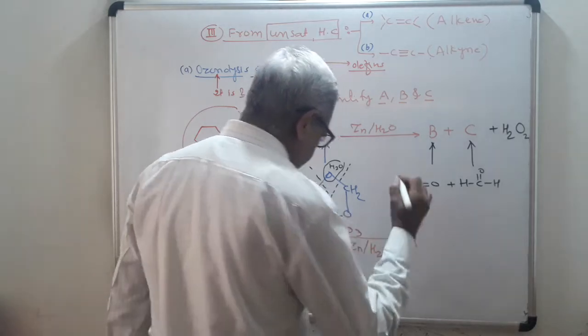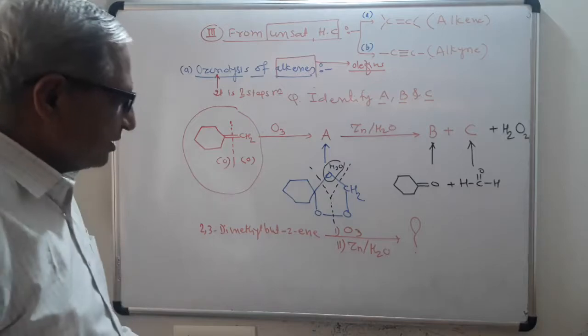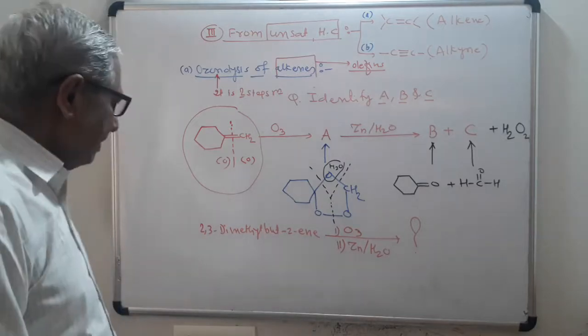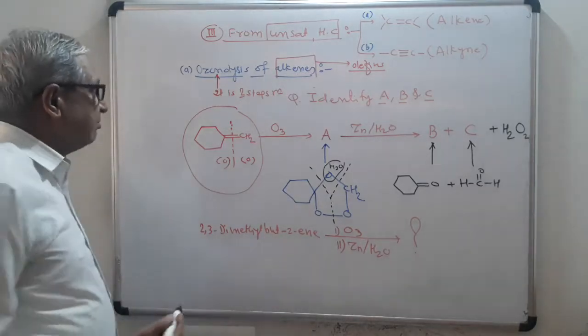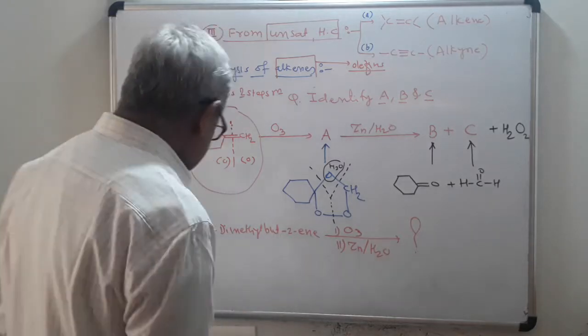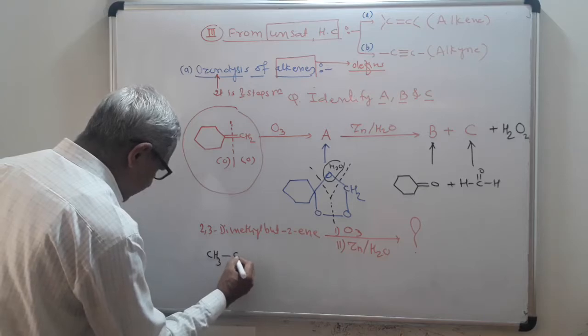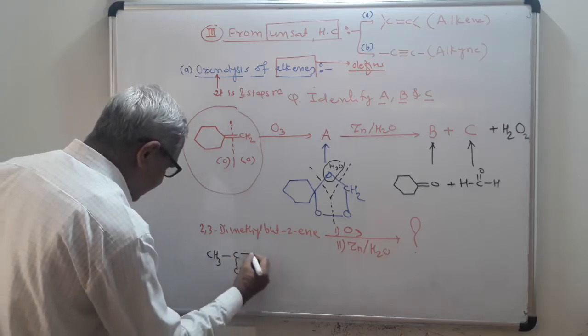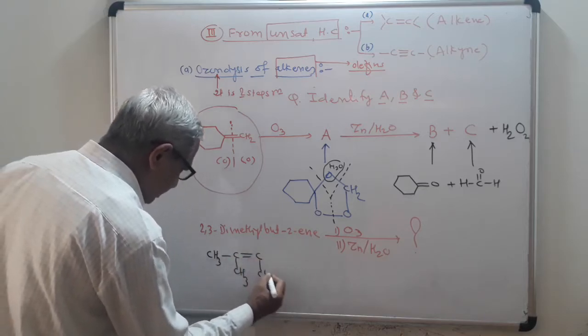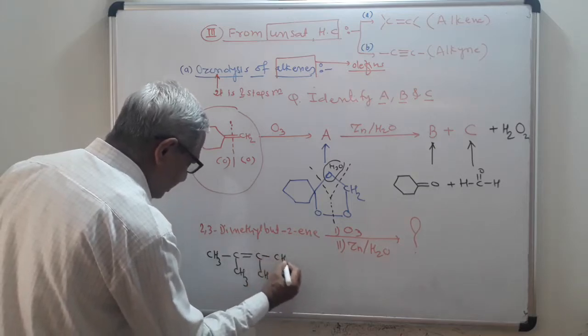And here is the question. Predict the product in the following reaction. First, write the structure of 2,3-dimethylbut-2-ene. See, the structure of 2,3-dimethylbut-2-ene is CH3, C, CH3, double bond, C, CH3, CH3.